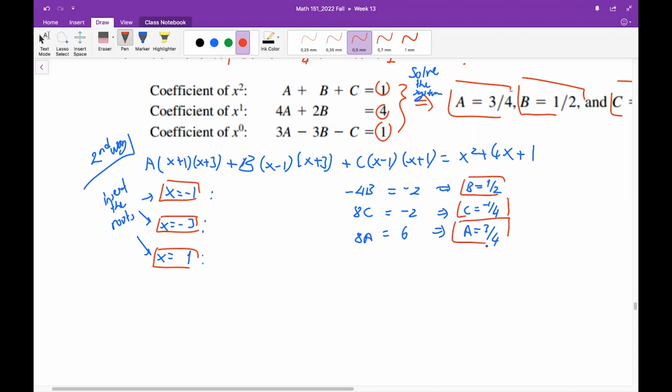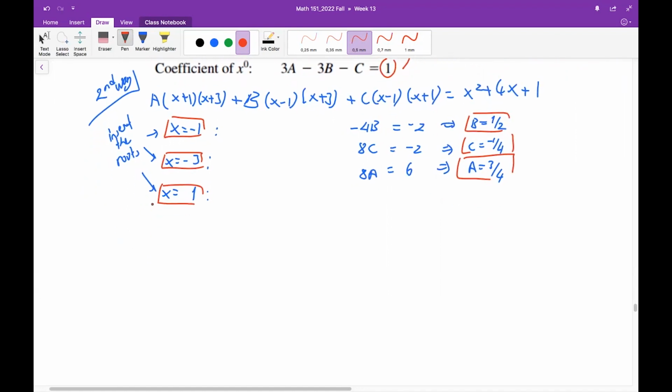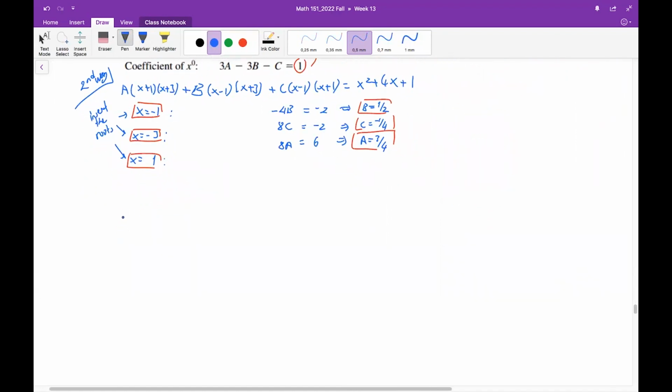And now I think we are ready to integrate the given example. So the integral was looking like this: the integral of (x plus 1) divided by (x minus 1)(x plus 1)(x plus 3) dx. What did we do?